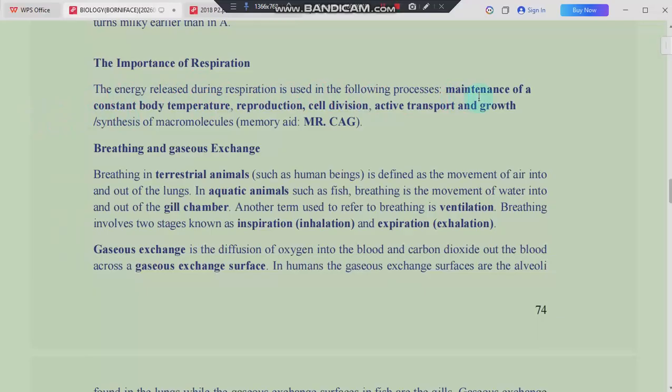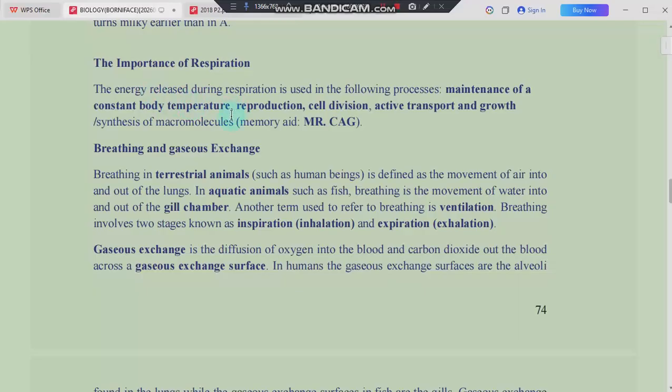Number one, maintenance of a constant body temperature. For homeostasis to happen, we need respiration to happen. We need that energy which we get from respiration in order to maintain a constant body temperature.